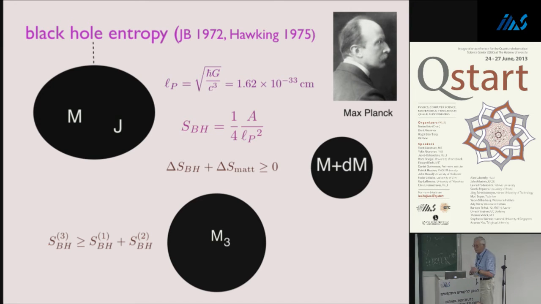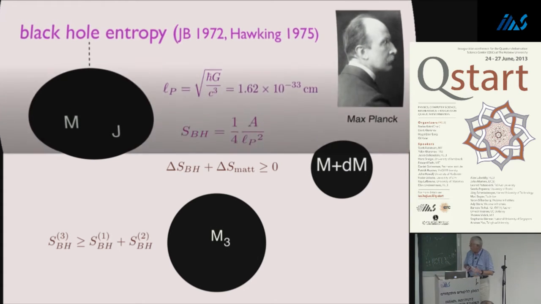So you have again the second law working, this time only with black hole entropies. Now, I'm going to use this form of the second law to produce two of the entropy bounds that I want to show you. But before that, I need to do two things.